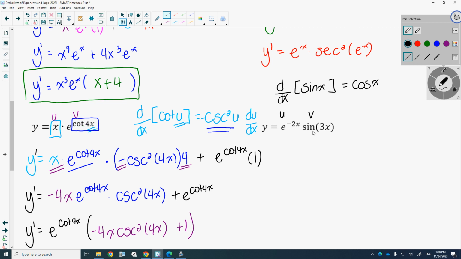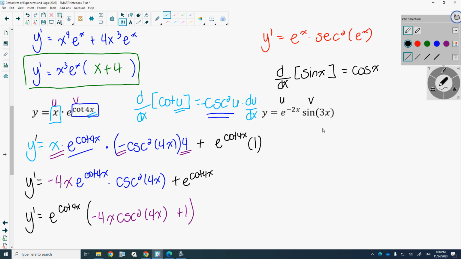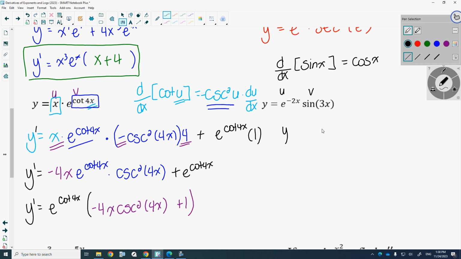So the derivative of sine of 3x is going to be cosine of 3x times 3, because the derivative of the argument is 3. So y prime is equal to u, and then v prime, derivative of sine of 3x is cosine of 3x times 3.